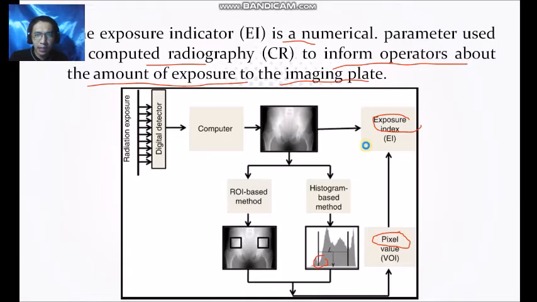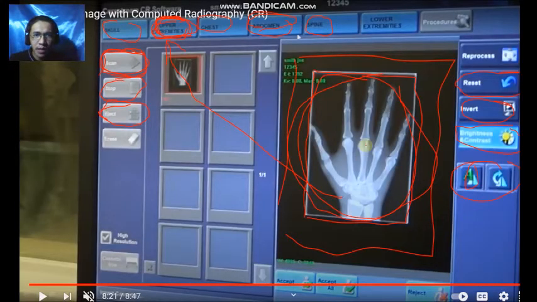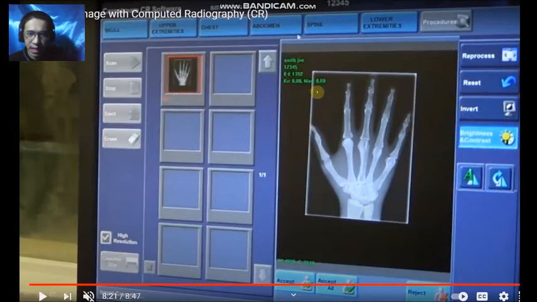Like for example, in the previous image, it was just not displayed, maybe they did not display it there. But there are settings in which we can actually see the exposure indicator, like how much exposure the imaging plate received. Okay, the values here are not clear.